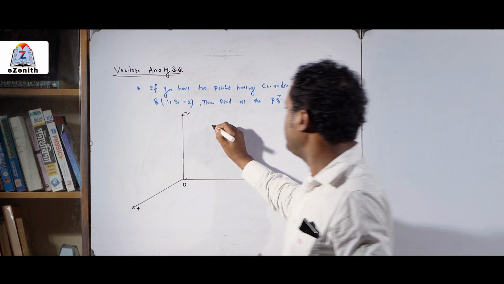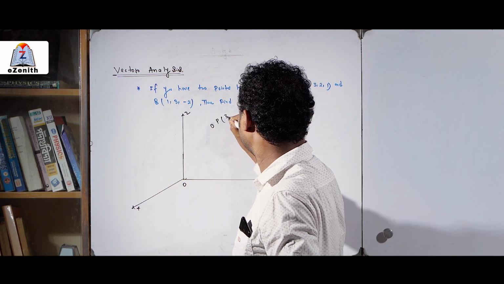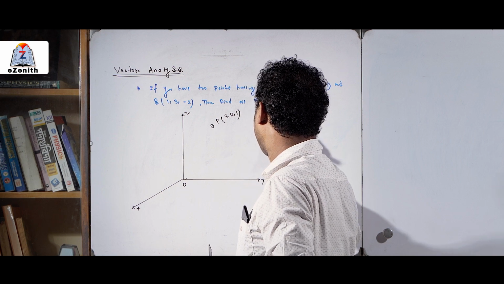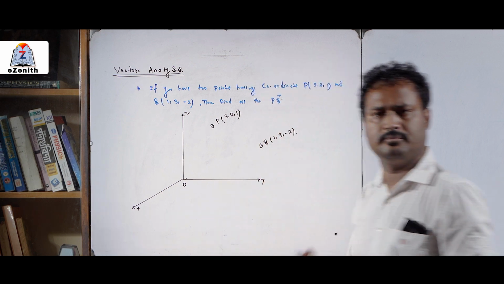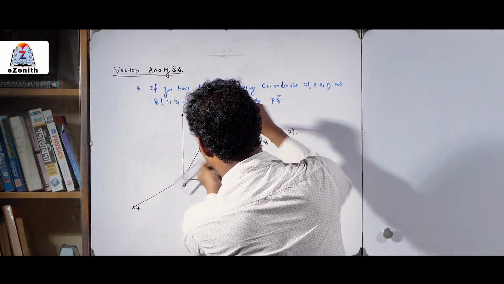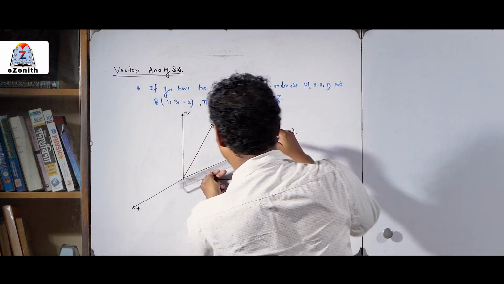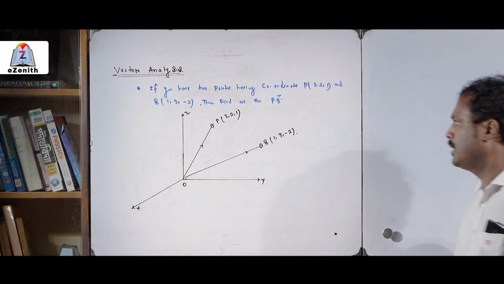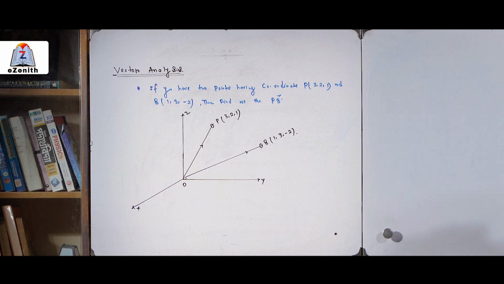Suppose you have 2 points, P (3, 2, 1) and Q (1, 3, -2). So you have 2 vectors. One is the OP vector and another is the OQ vector. Just look at the board. First vector is OP and second vector is OQ.